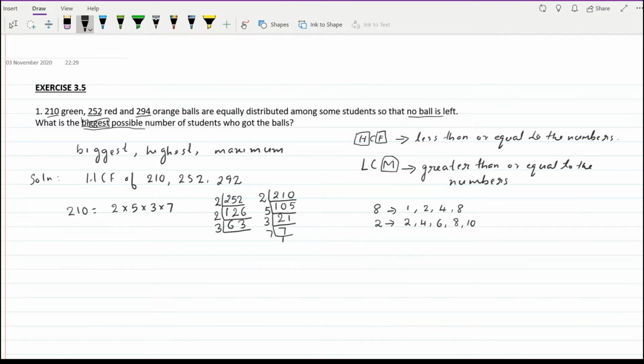Already you studied the divisibility test. So adding these two digits 3 and 6, you will get 9. 9 is divisible by 3. Therefore 63 is divisible by 3. 3 twos are 6, 3 ones are 3, again 21, 3 table, 7 times, again 7, 1 time. So you got 252.